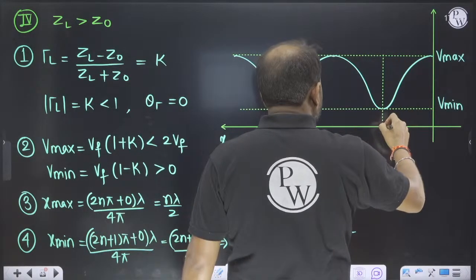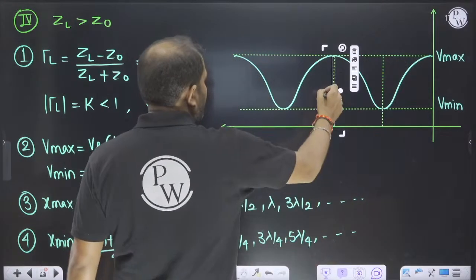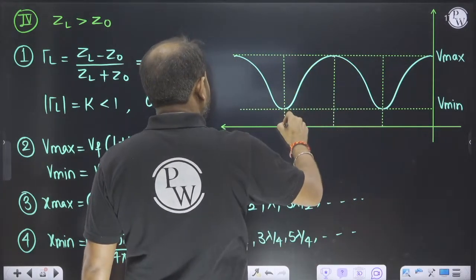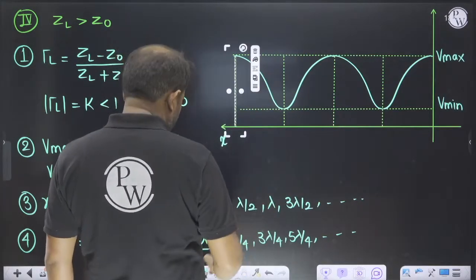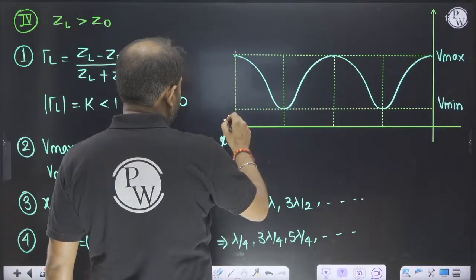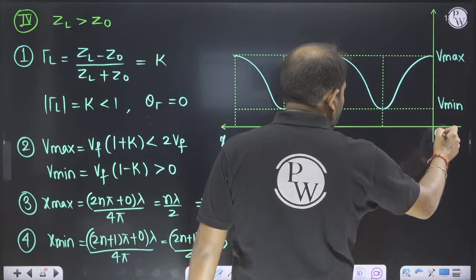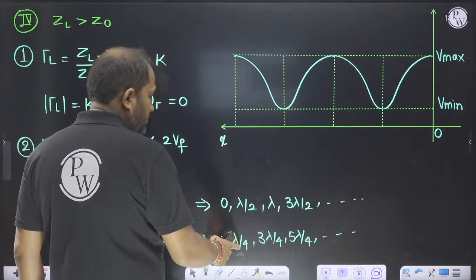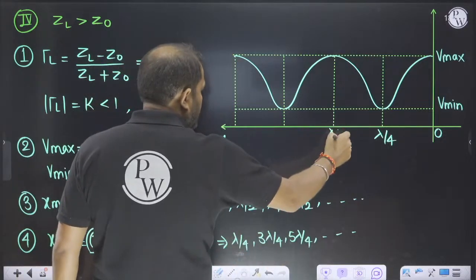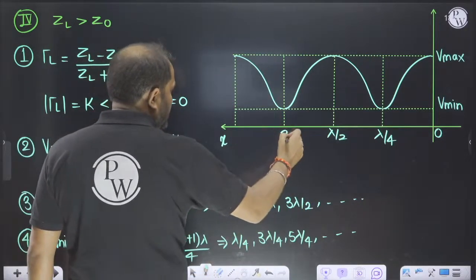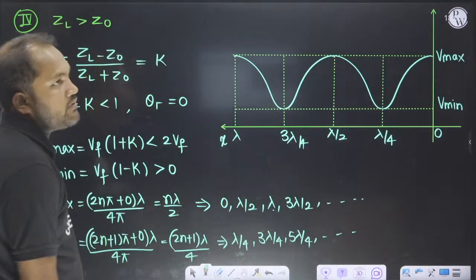There is a maximum point, a minimum point, a maximum point, and a minimum point. This is the point: maxima at load, minima at lambda by 4, maxima at lambda by 2, minima at 3 lambda by 4, and maxima at lambda. So this is the value.